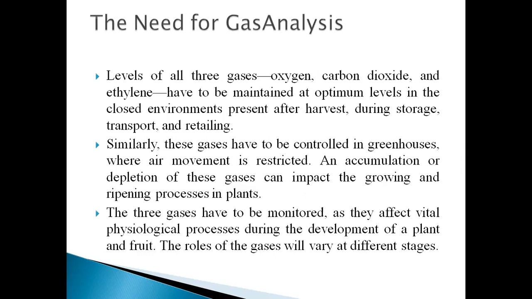An accumulation or depletion of these gases can impact the growing and ripening process in plants. The three gases have to be monitored as they affect vital physiological processes during the development of a plant and fruit. The roles of gases will vary at different stages.